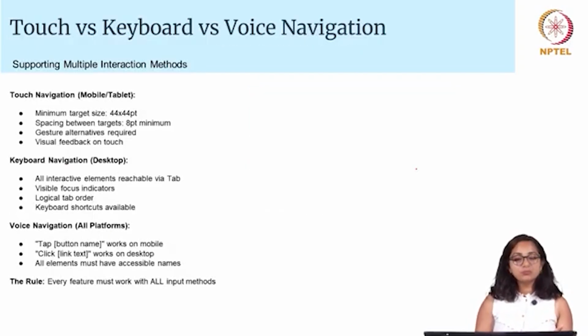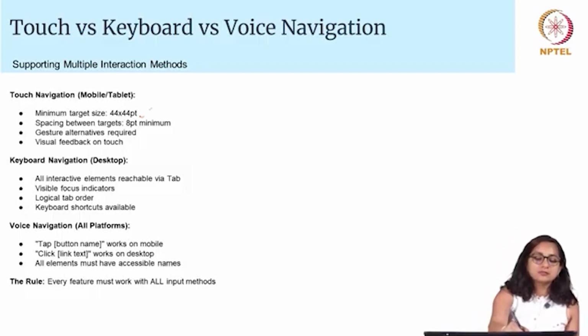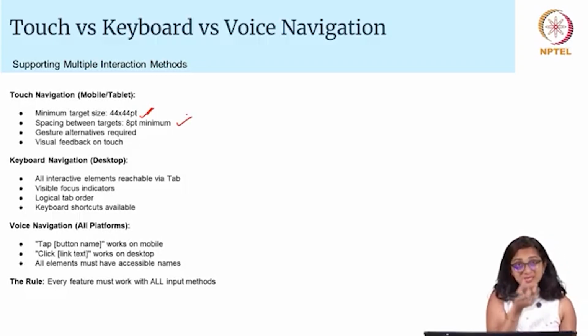Touch versus keyboard versus voice navigation. So multiple interaction methods. Touch navigation is enabled in mobile and tablet largely. So there are some requirements of minimum target size, and there has to be some spacing between two targets so that you mistakenly don't press the other one.